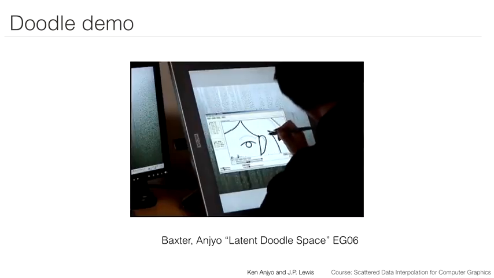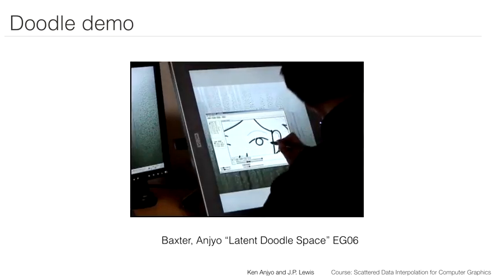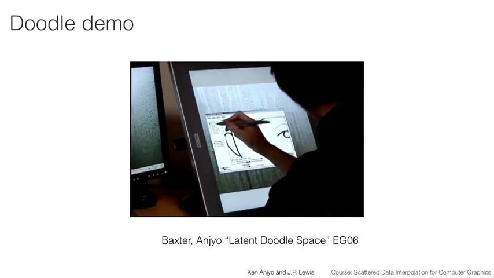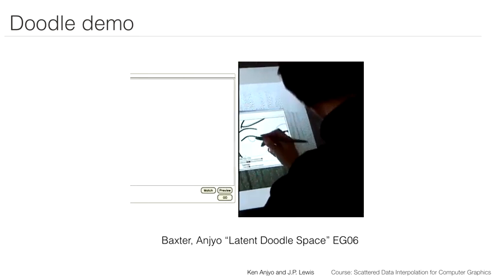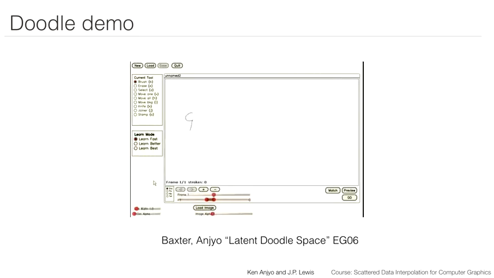So first, take a look at the result. We need some interface to make this tool usable for artists or others. The first step in creating a latent doodle space is to create a related set of line drawings. Here we will draw a set of images of the same character looking in different directions with different facial expressions.